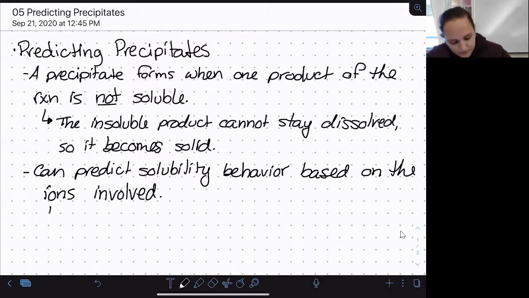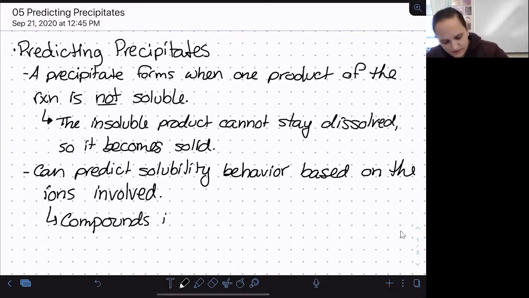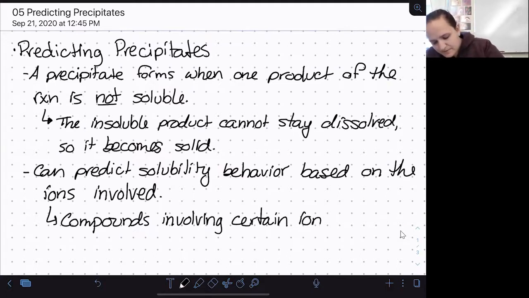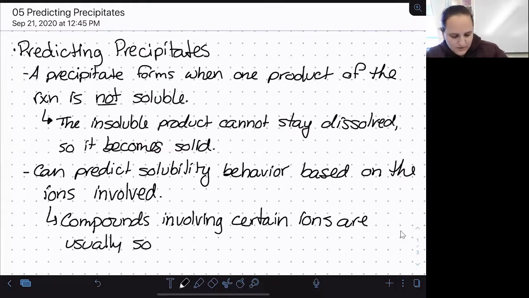Essentially, compounds involving certain ions are generally soluble, and those involving other ions are generally not soluble.